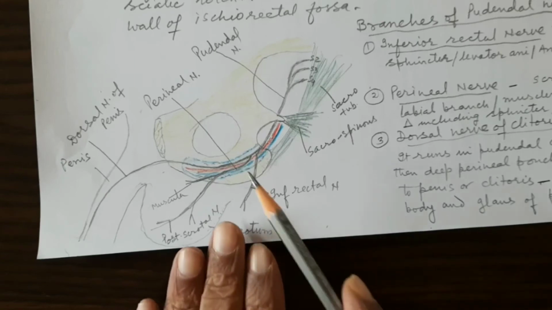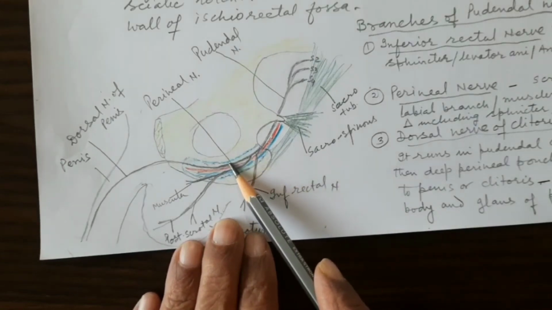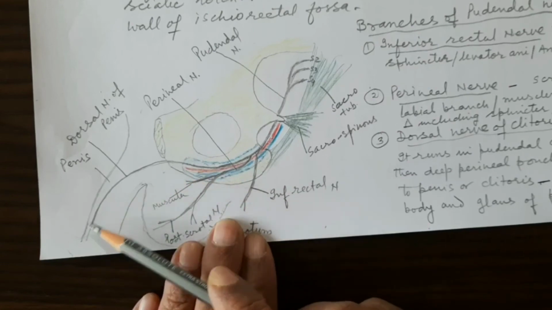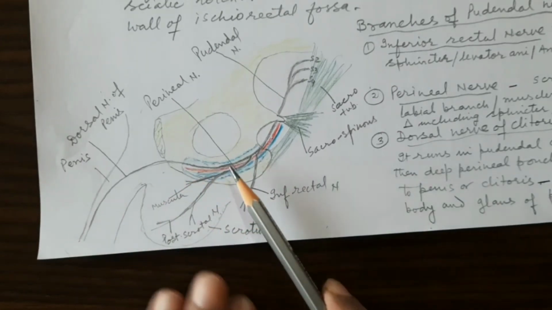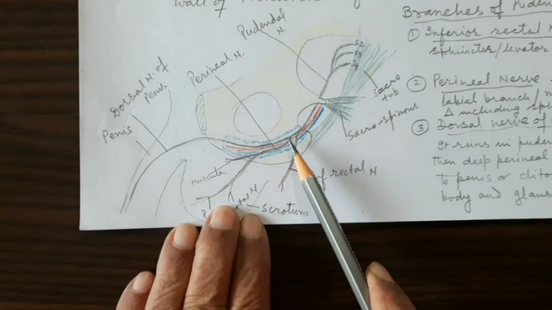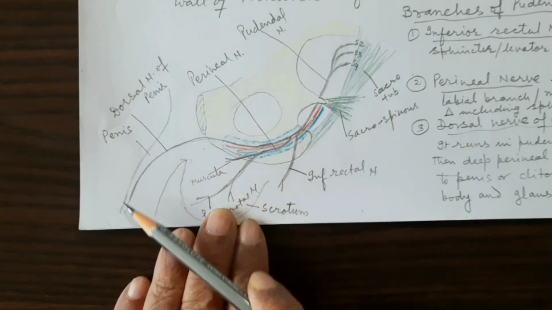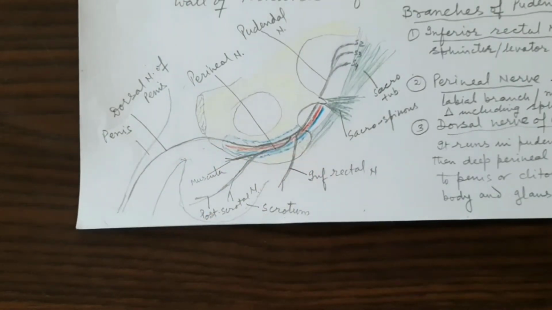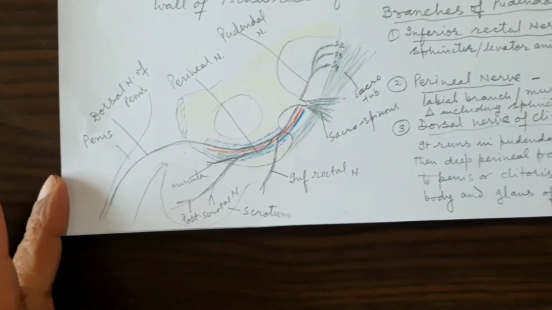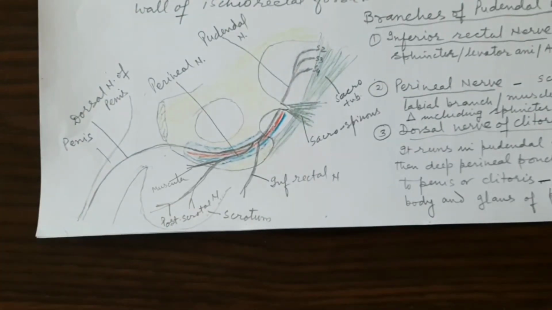Right. Then the third branch continues as the dorsal nerve of penis. See here, this is going here. This is the dorsal nerve of penis, and in case of female, it is called the dorsal nerve of clitoris.